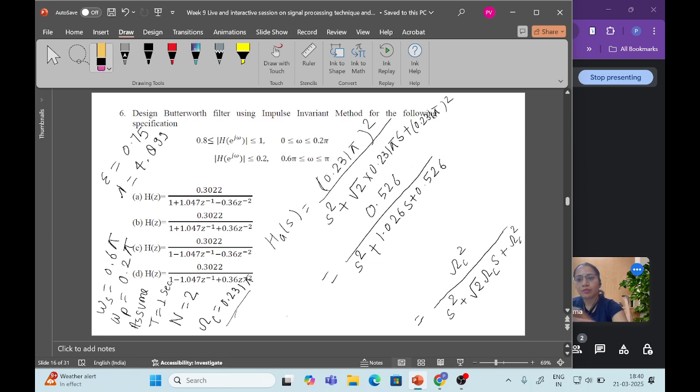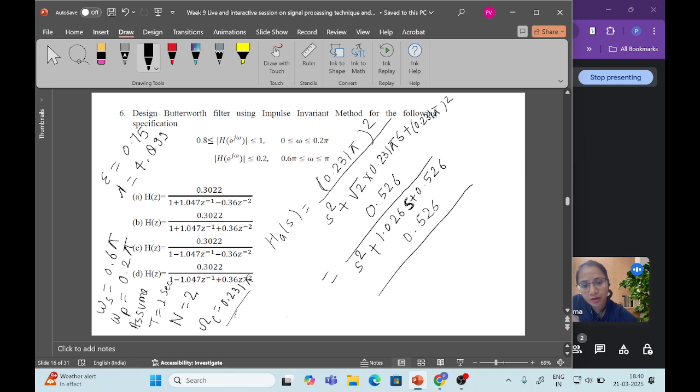Now, what you need to do? Now you have to factorize the poles. In order to get the poles, just take the factors. Further, if you factorize it, you will get 0.526 in the numerator, and the denominator will be the same.